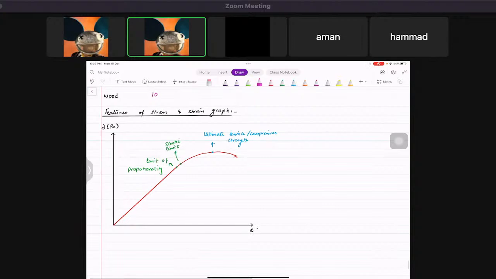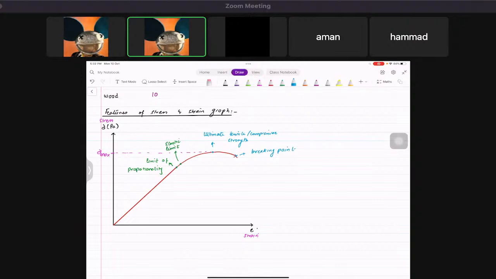This point that I'm trying to show you is the point at which the material shows the maximum stress. So this is stress and this is strain. Okay, and then finally you have this point, which is the cross, and that's called the breaking point. Breaking point means that beyond this point it just snaps. All right.